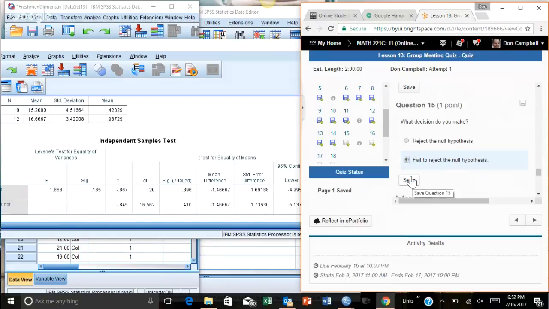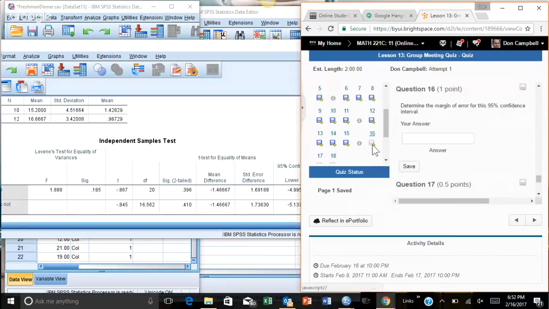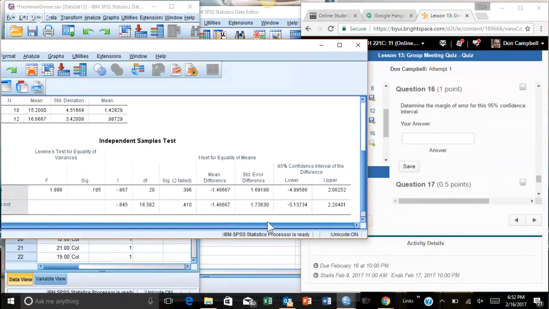We've only got a couple more questions to go to find out how amazingly well we did. Oh, here's the optimist. Now determine the margin of error for a 95%. We do have a 95%.